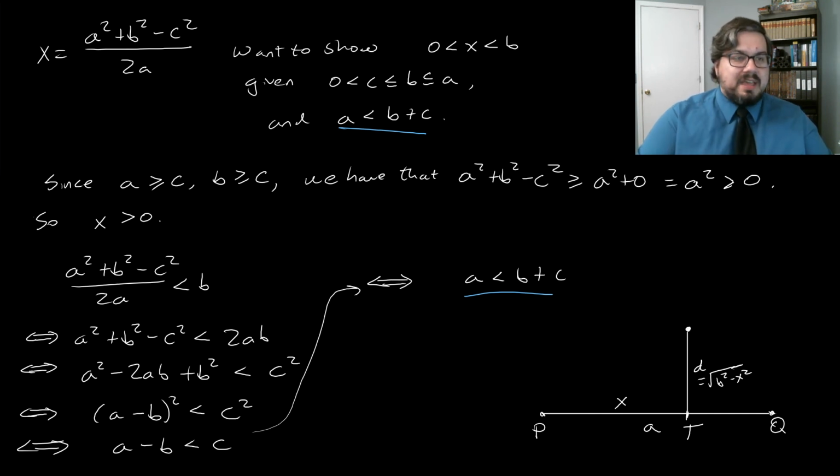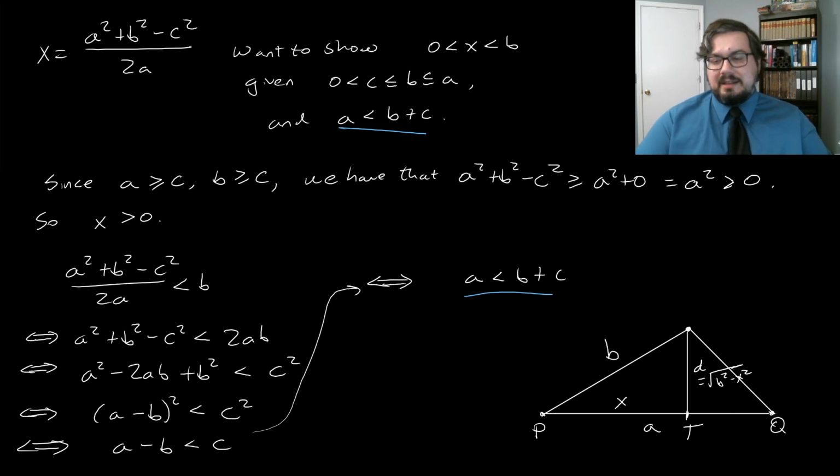And then once we do that, we can certainly construct this triangle, and then the Pythagorean theorem will show us that indeed we get that the side length is b here and c here. So that allows us to construct a triangle with any side lengths we want, so long as the largest side length is less than the sum of the other two side lengths.